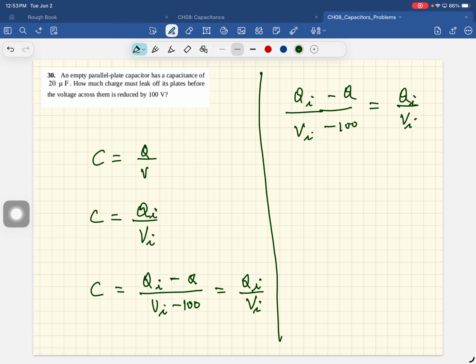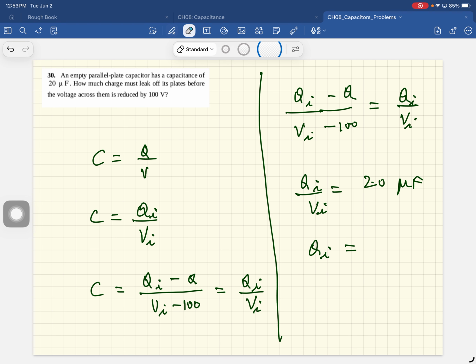I was just trying to solve it in a different way. So you add this much charge, and the voltage increases by 100 volts. If it's initially charged, you remove that much charge, and the voltage would decrease by that much.